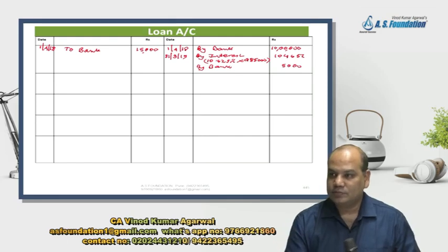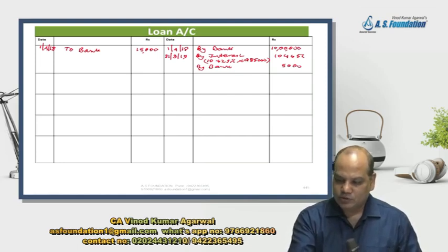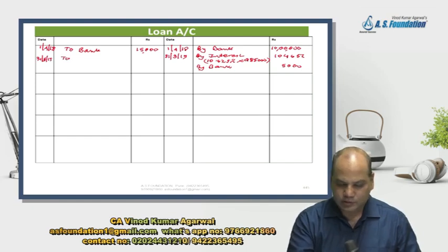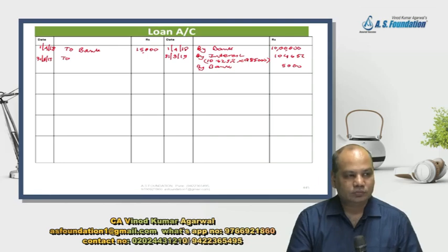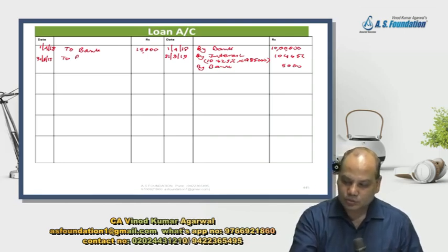Is it 5,000? 5,000. Is there any payment made by C Limited to B Limited on 31st March 19? They must have paid some interest on that day. How much interest have they paid? 10 lakh into 10%. So to bank.